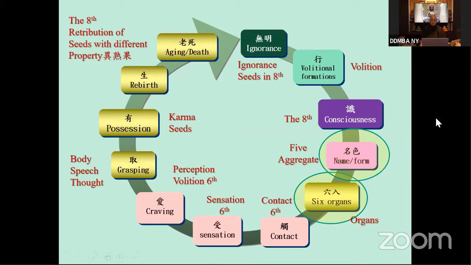Our form is actually initiated by karma, and once it's stabilized and has developed name and form, we need nutrition. We need the previous 5 elements and nutrition to sustain and develop our physical body.